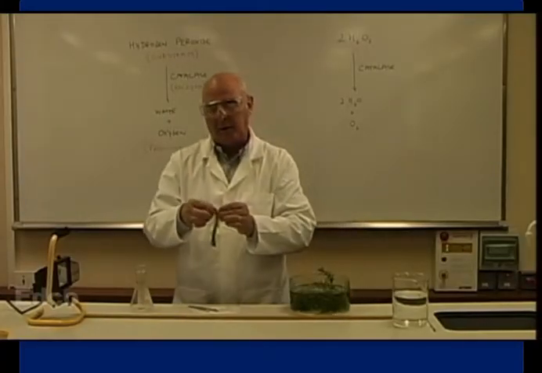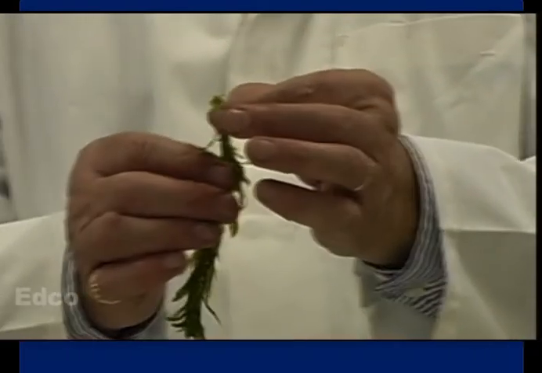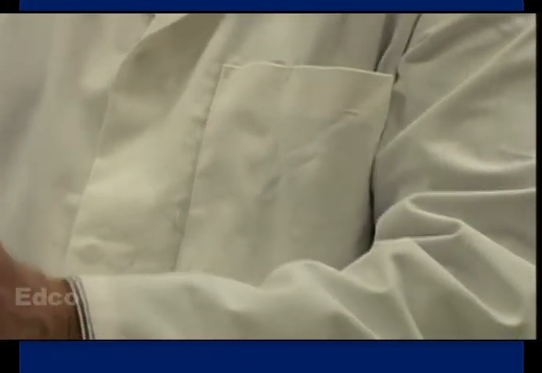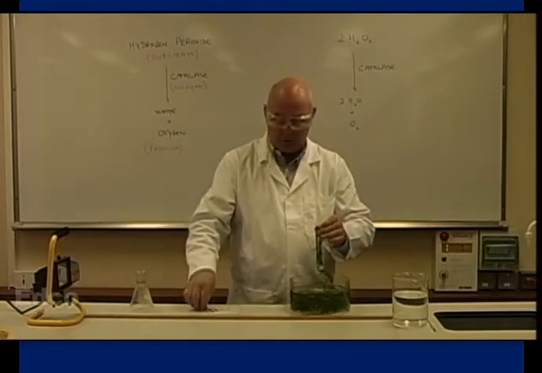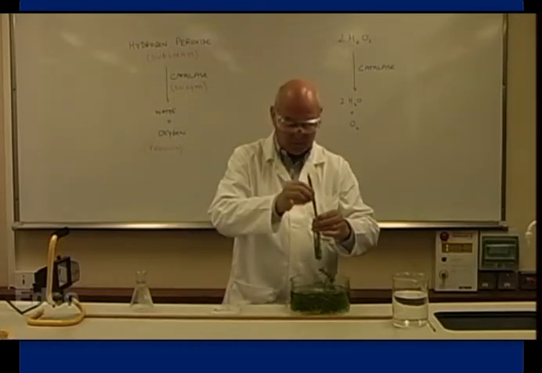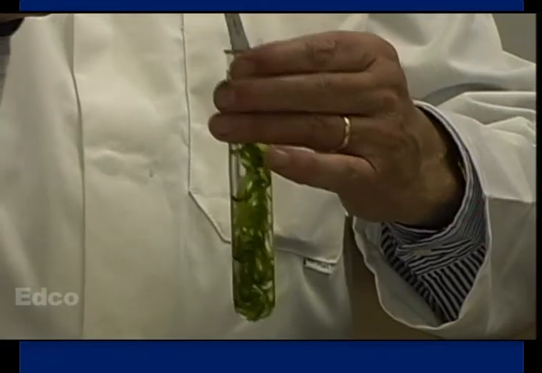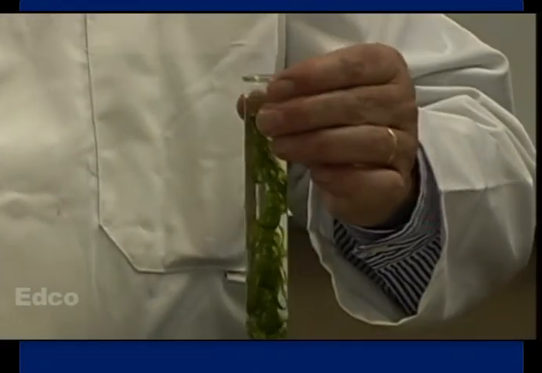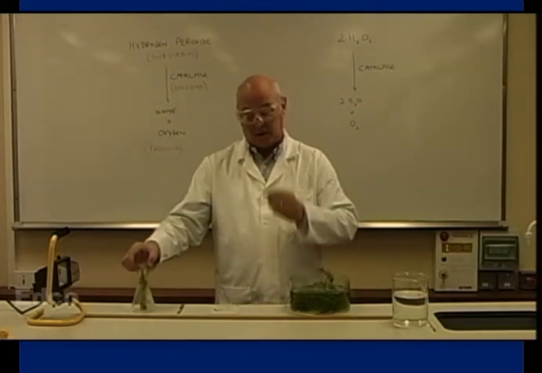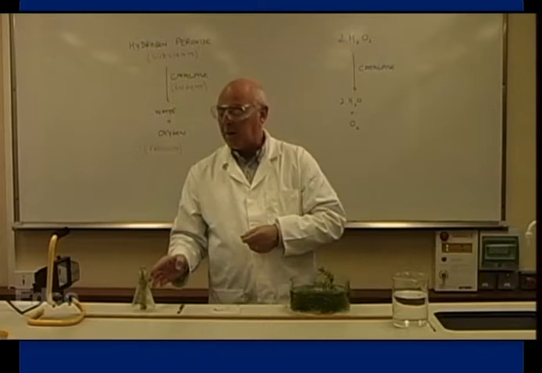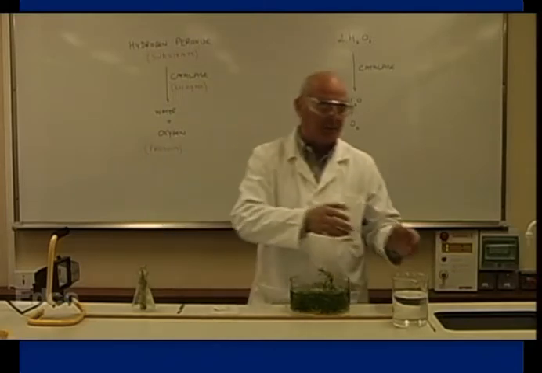Sometimes you have to give a little squeeze to the top of the stem to allow the oxygen to come out. We place the Elodea into the pond water and push it down below the surface. To make sure that the experiment is carried out at a constant temperature, we place the Elodea in a water bath.